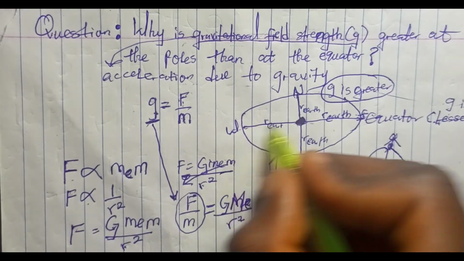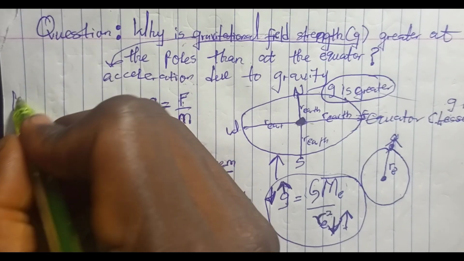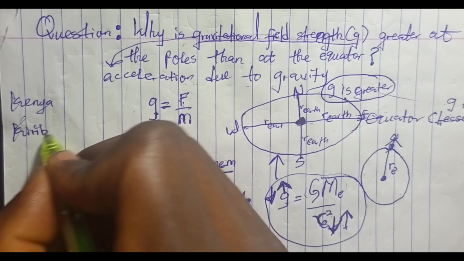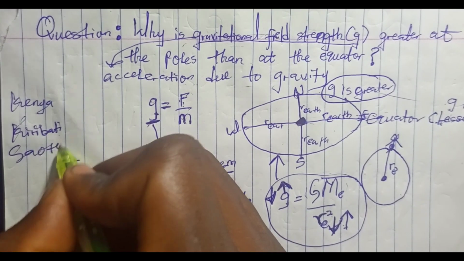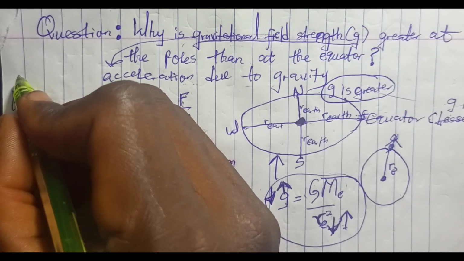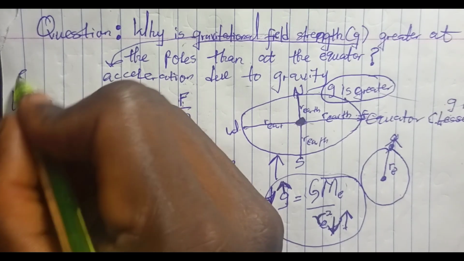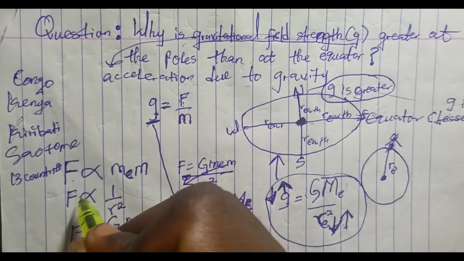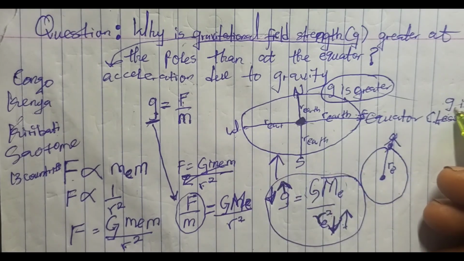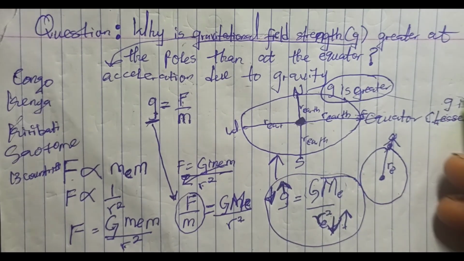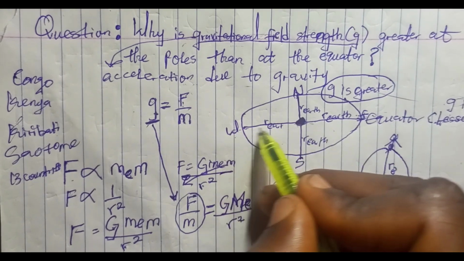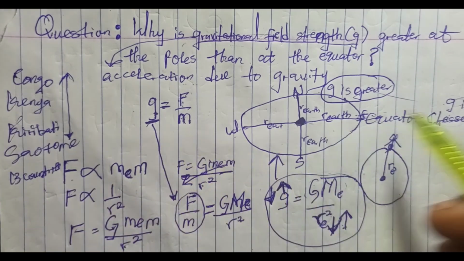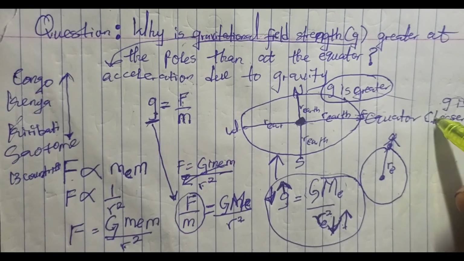There are 13 countries that are on the equator, such as Kenya, Kiribati, Sao Tome, and the Republic of Congo. So the acceleration due to gravity is lesser there, in all those countries on the equator.